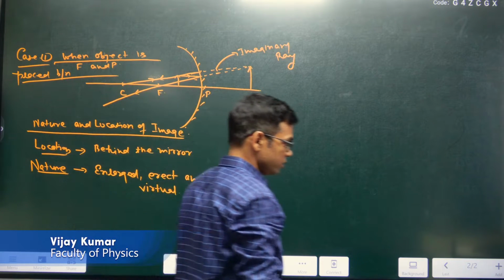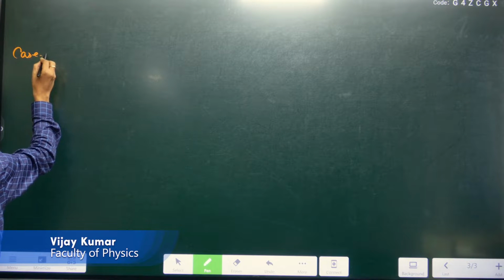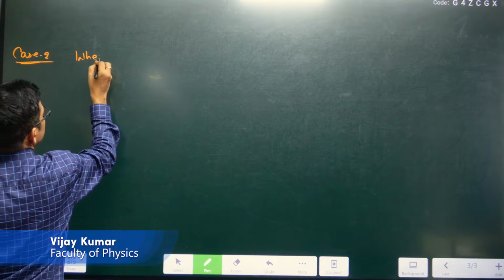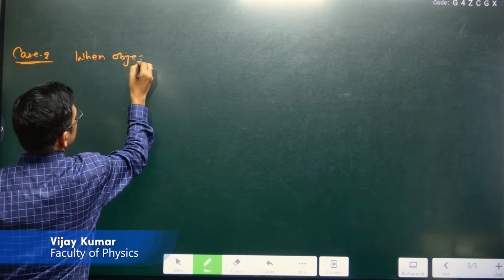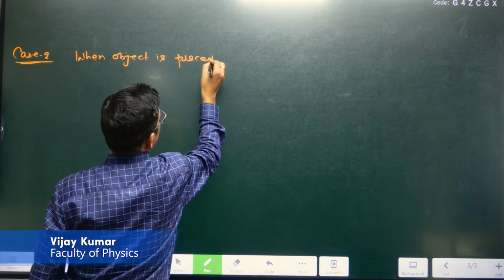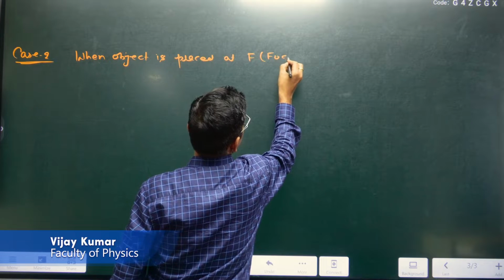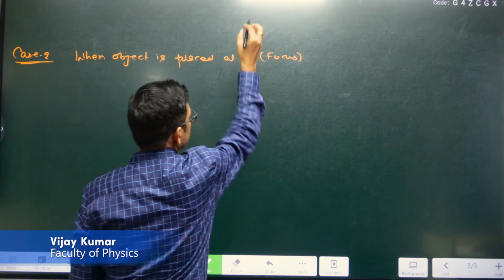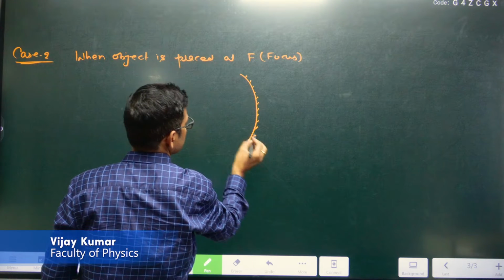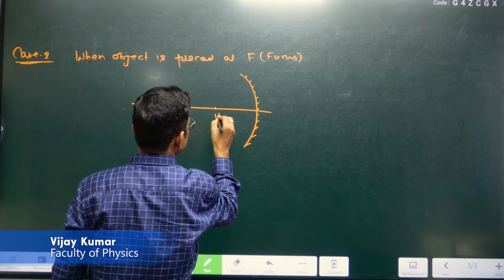So come to the second case. When the object is placed at F, the focus, this is your center of curvature, this is your focus, and this is your pole.